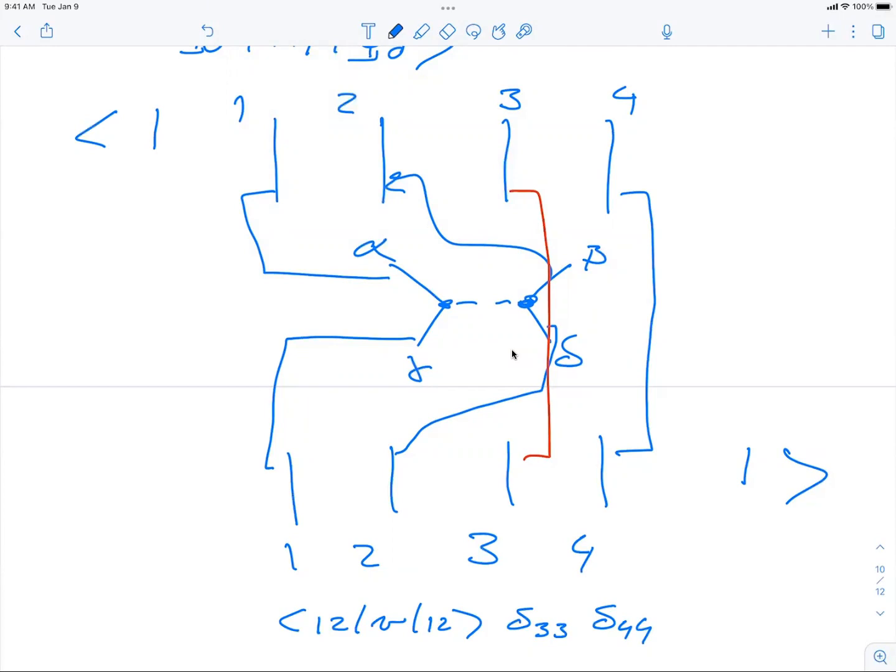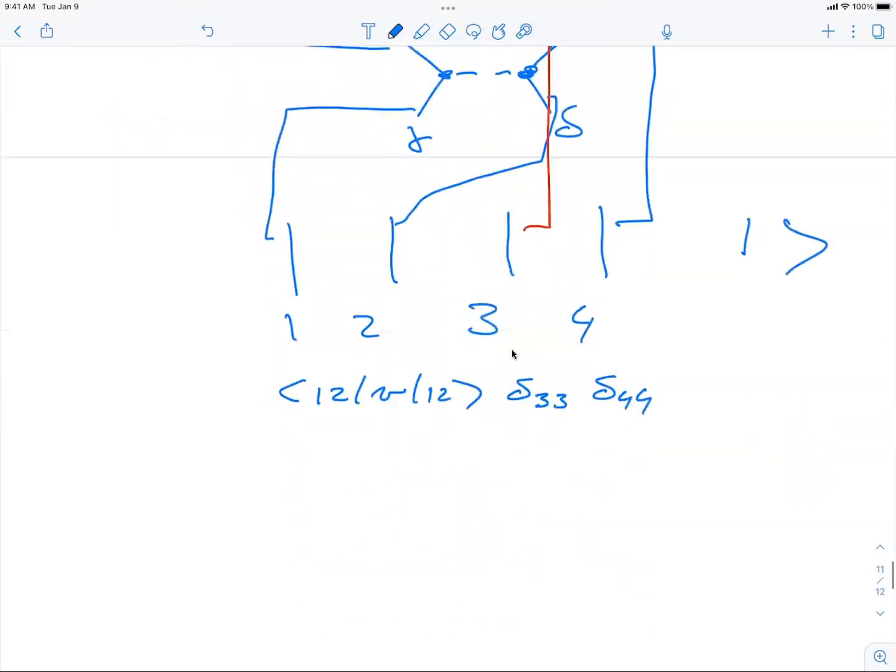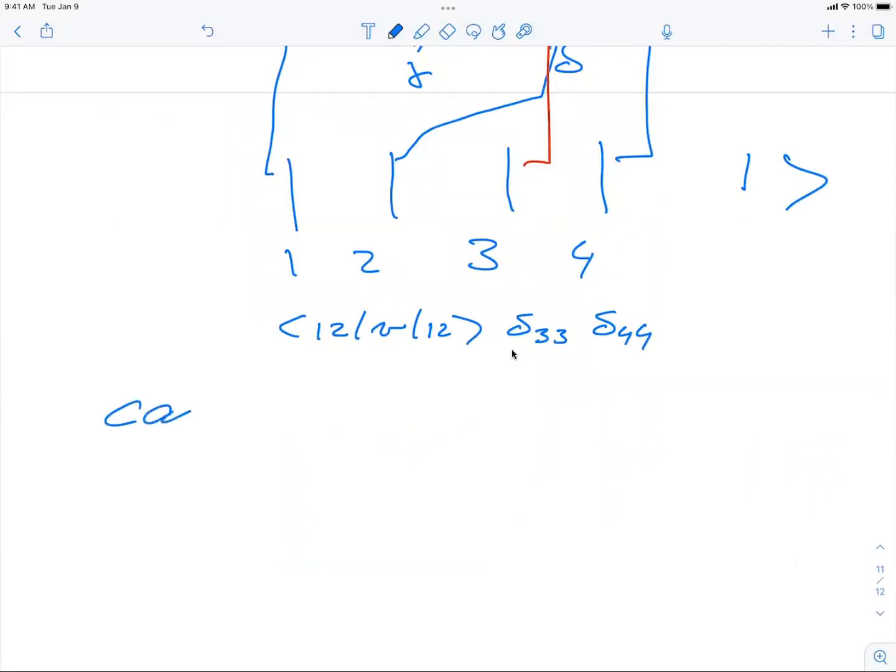So can we simplify this? You see this quickly becomes a little bit cumbersome, right? So the question now is, can we simplify this? And since I'm asking this question, it obviously means yes.